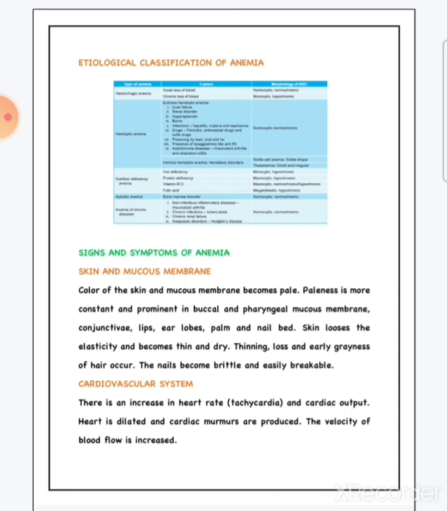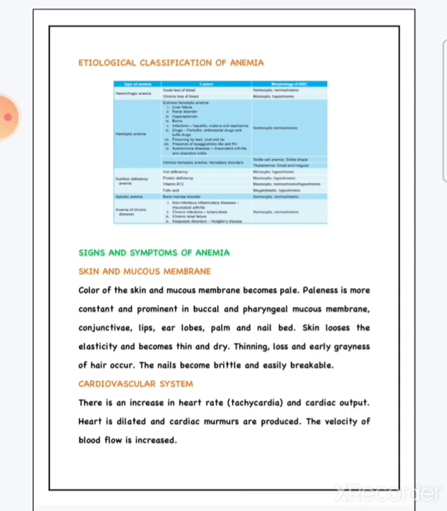In vitamin B12 and folic acid deficiency anemia, you get megaloblastic hypochromic RBCs.